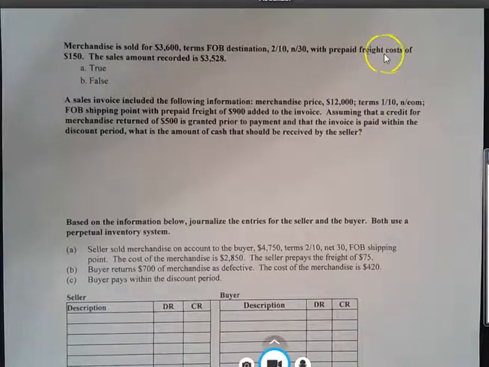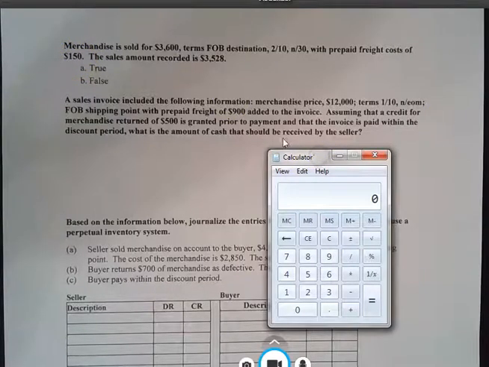So what is the amount of the sale from the perspective of the seller? Well, the seller is just merely prepaying this $150. They're going to get it back. But if we're assuming that this buyer has good sense, they're going to take this 2% discount.